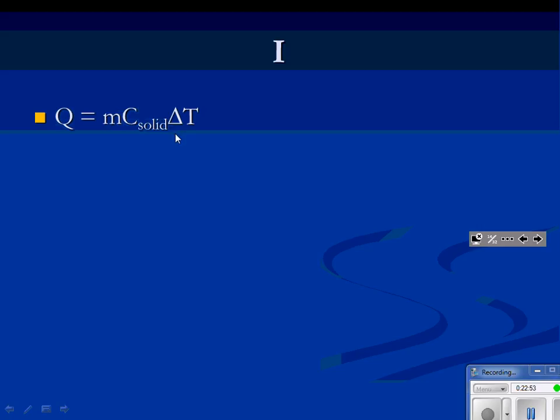And what is the delta T? What's very important is that you know the melting point of water, because we started at minus 25 degrees Celsius. Ice will start to melt at 0 degrees Celsius, because I know that's the melting point of water.